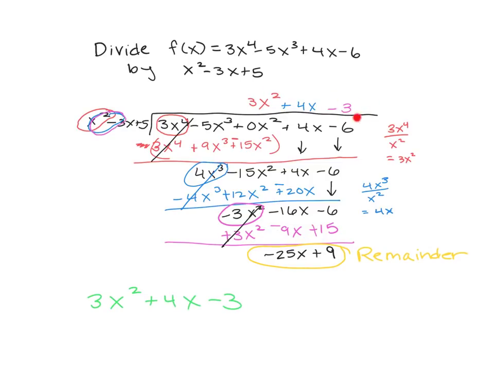That's all coming from this right here, right? When we divide this by x squared minus 3x plus 5, we get this with a remainder. And the way that we're going to write that is we're going to say we have a remainder of negative 25x plus 9 out of what we divided by.